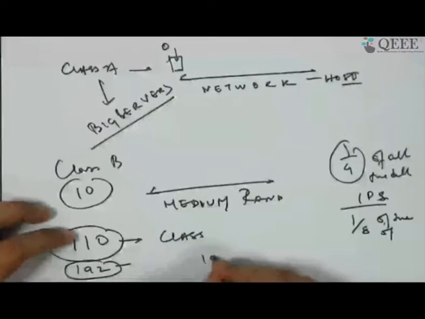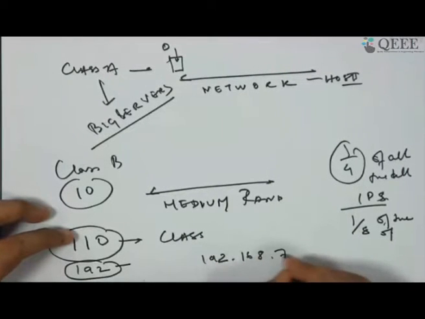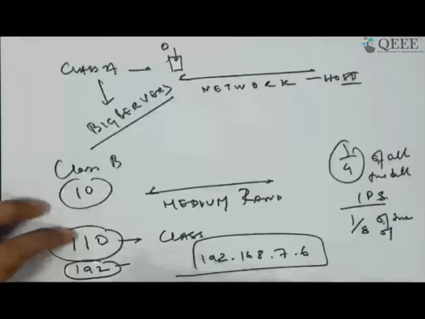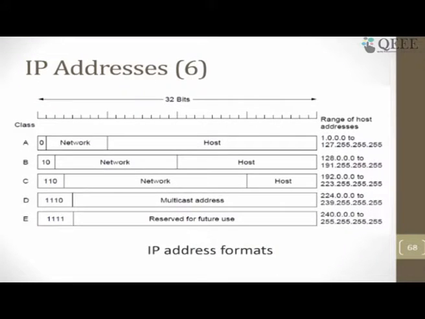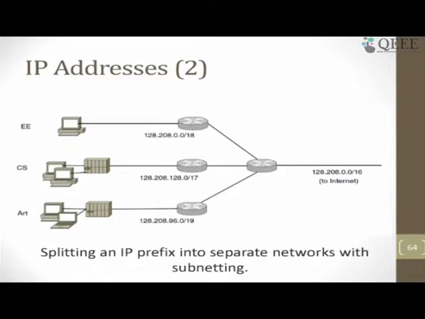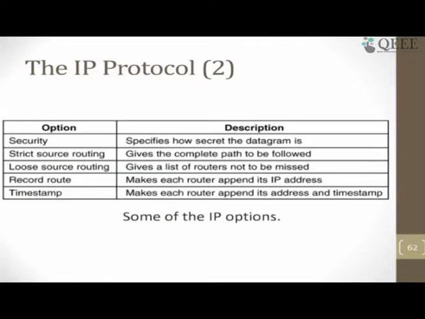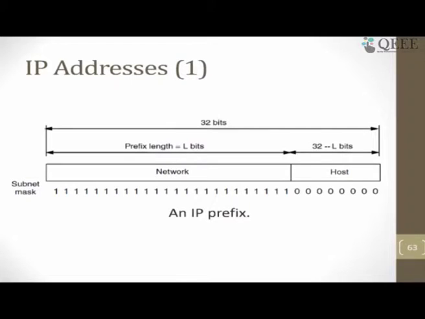So 192.168.7.6, something like this was the initial IP, because the initial concept was classful address, and that's why people did this 4 class classification. But what is the problem with class oriented architecture?